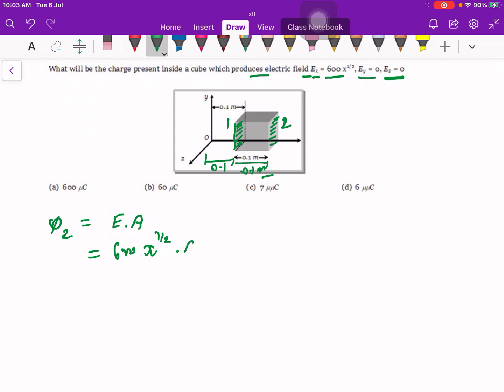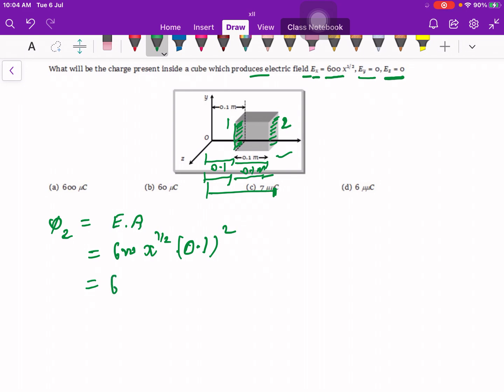Now you know that the side of the cube is given, it is a cube, and the side is 0.1, so area we can calculate, that is simply 0.1 square. Now what is the distance of this second surface from origin? This one is 0.1 and this is 0.1, that is 0.2.